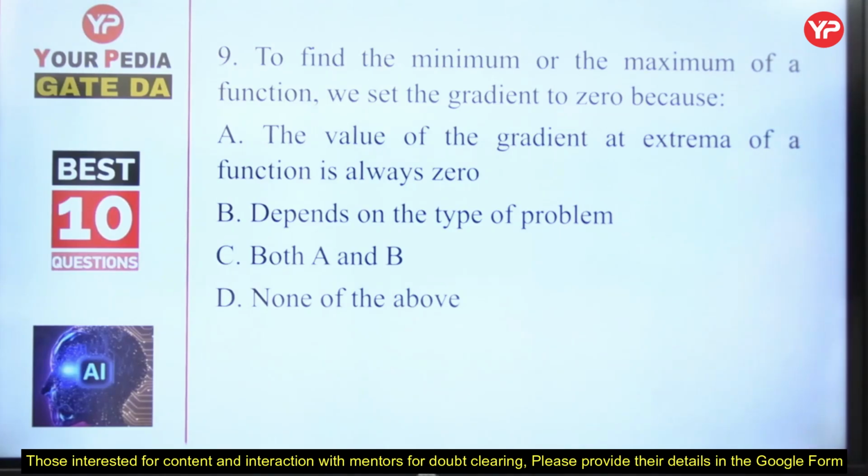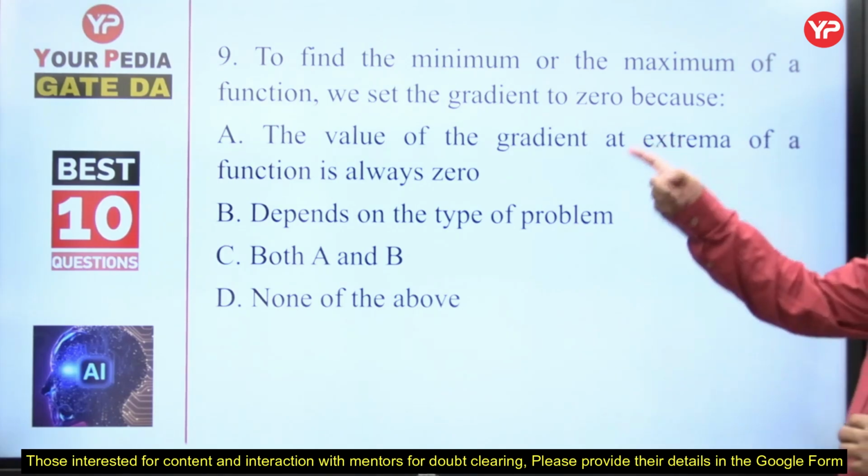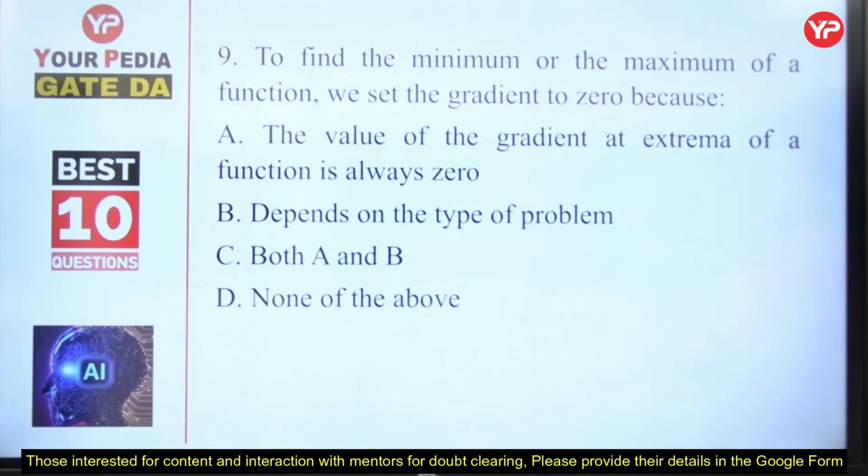Now, to find the minimum or the maximum of a function, this is a calculus question, we set the gradient to 0 because the value of the gradient at extrema of a function is always 0, depends on the type of problem, both A and B, none of the above. This is a very simple question, of course.